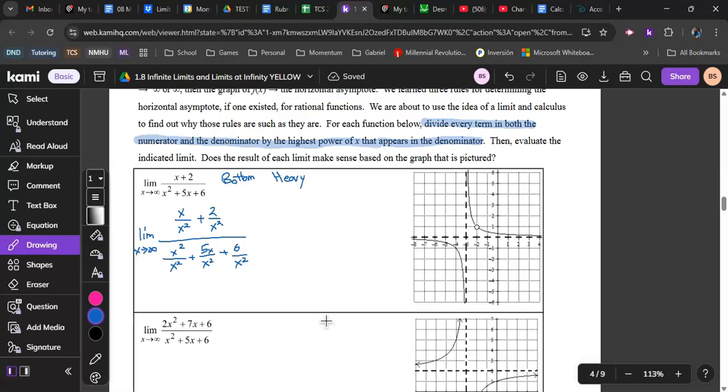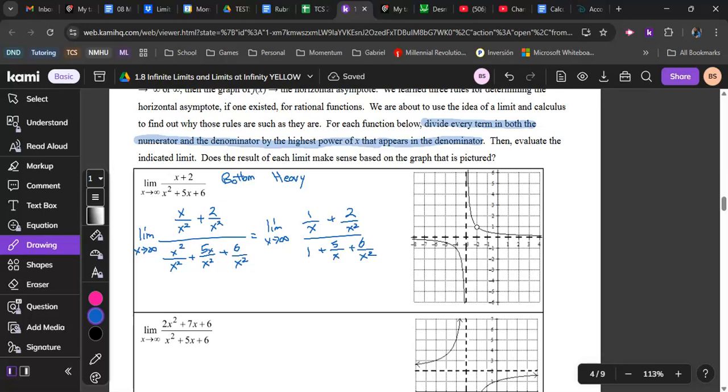Okay? When I do that, I can simplify this. I'll get the limit as x approaches infinity of, what's x over x squared? Kind of 1 over x. Plus 2 over x squared, which I can't do anything to. On the bottom, x squared divided by x squared is 1. 5x over x squared is 5 over x. And 6 over x squared.